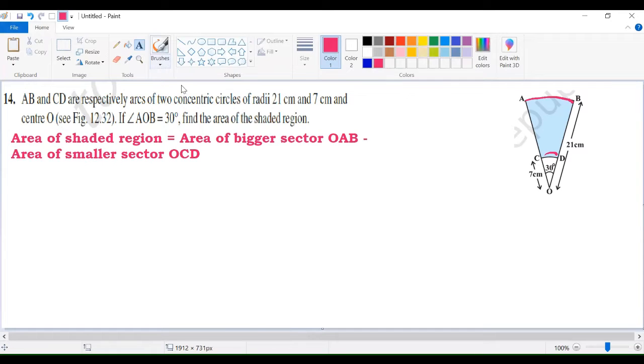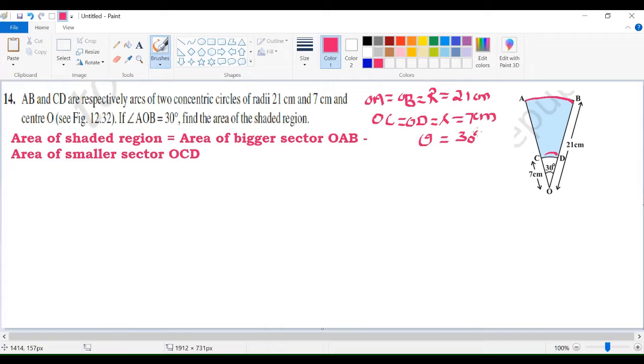And we know the radius, we know the angle. So OA equal to OB equal to, let me take it as capital R, which is equal to 21 centimeter, and OC is equal to OD equal to small r, which is equal to 7 centimeter, and theta is 30 degrees.